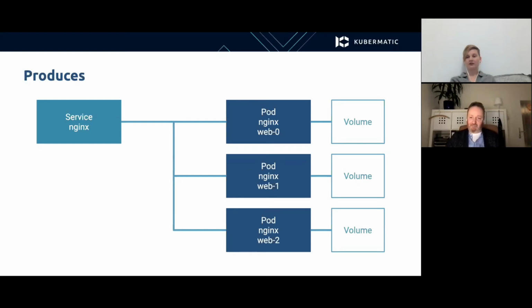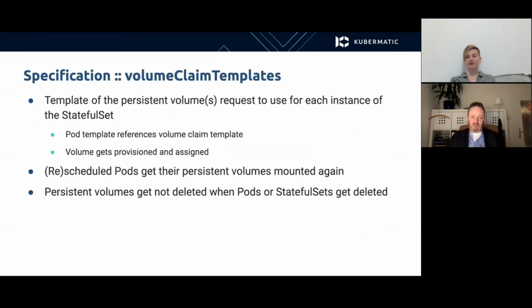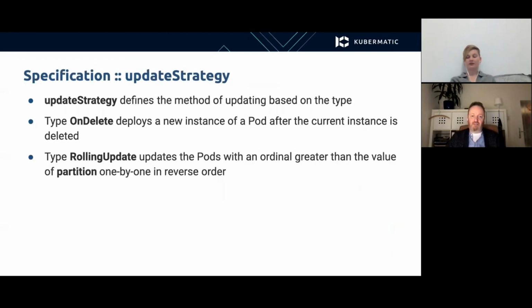But I can also say I want to have my number 0 as a static one. Then I would say the partition number should be 1, and then 2 and 1 would get dropped and updated, but 0 would stay.